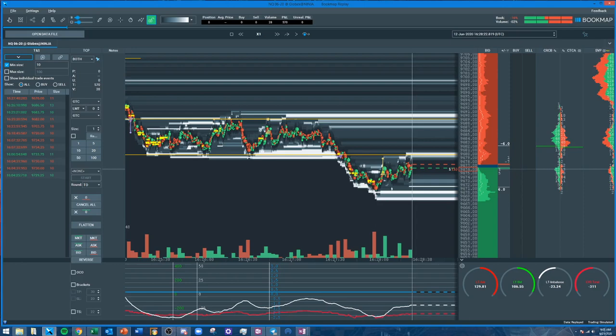And when you have a low volume node, that essentially implies that there's a disagreement about the price at this level. So price tends to move through it rather quickly, and then when we come back into it, more trading ensues. So again, price is going to slow down at the high volume nodes, and the low volume nodes are going to provide some resistance, but like the skin of a balloon, when it pops, it rushes through it pretty fast.